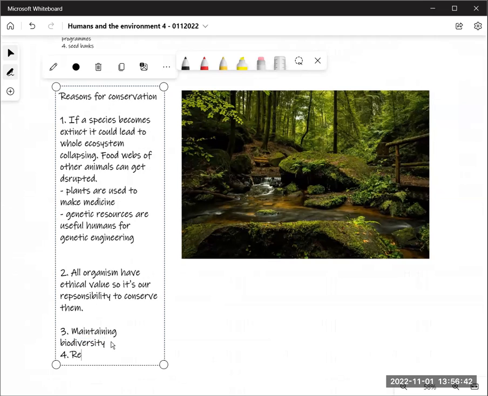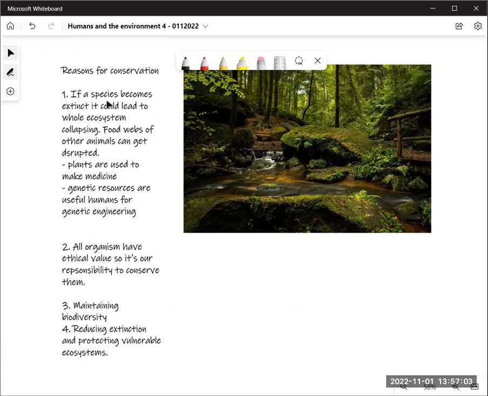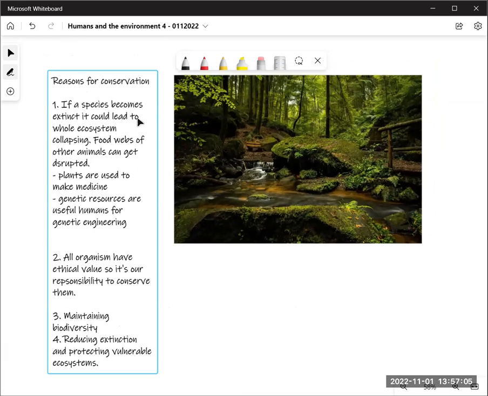Last thing is reducing extinction and protecting vulnerable environments or ecosystems. That's it. Now point 4 is somewhat similar to point 1, but they're different points.